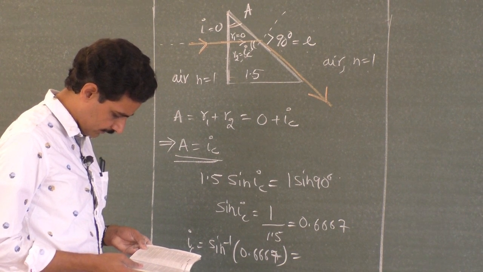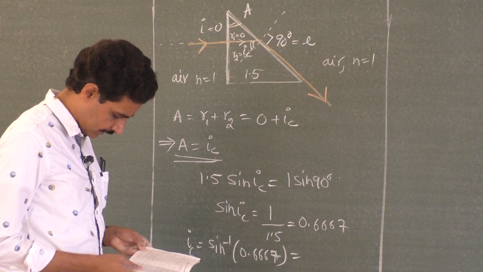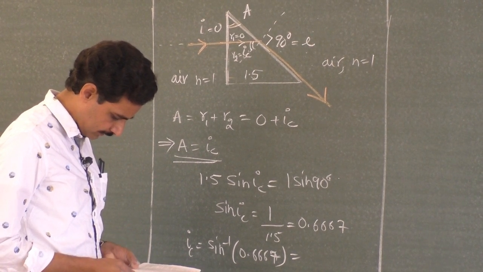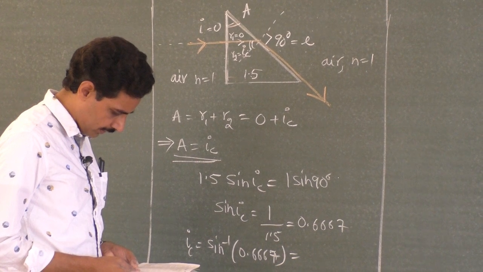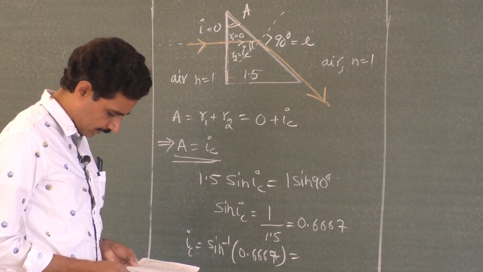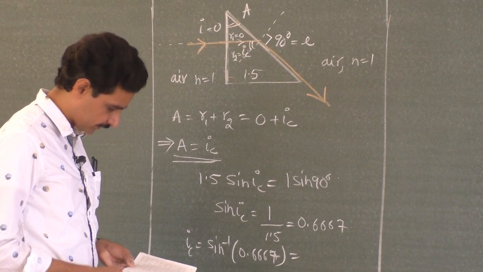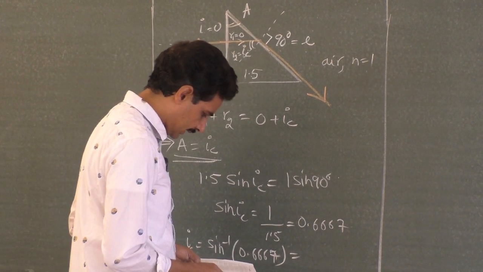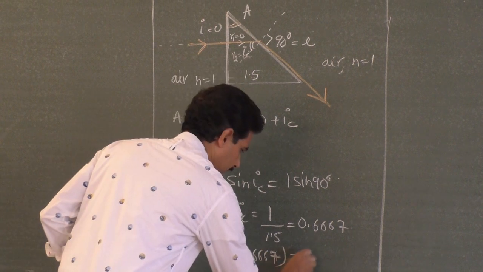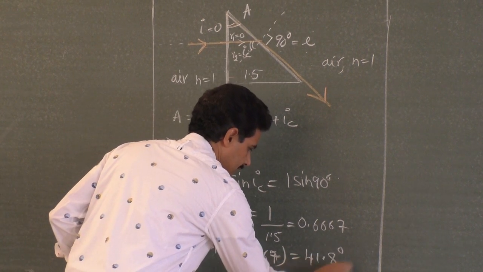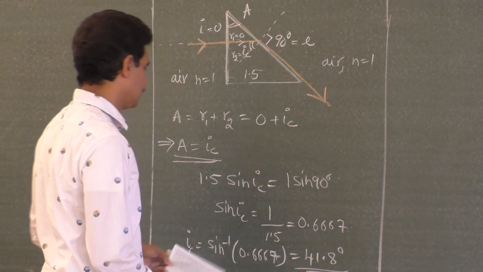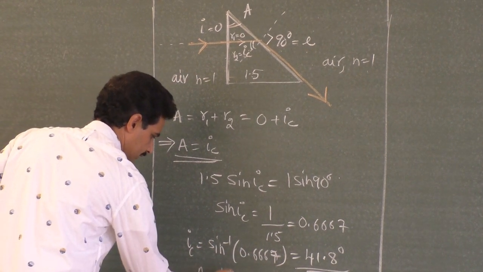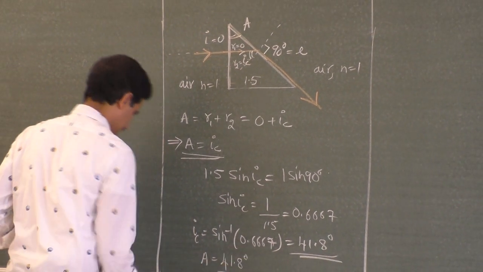It is in 41 degrees, and 0.8 degree column, because you have 0.6665, that number. So 41 degrees, 0.8 degree column, 41.8 degrees. This is what you get. So that is the angle of the prism. The angle of the prism is itself the critical angle. It is 41.8 degrees. That is the answer.